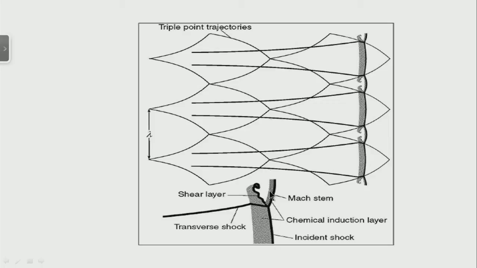Therefore, the chemical reactions take smaller time, the induction time is smaller, followed by the chemical reactions. Here the induction time is much larger, and behind the transverse shock again some chemical reactions are taking place. Behind this you also have the slipstream, a zone separating the gas processed here and the gas processed here, something like a shear layer, and therefore, what is going to happen?